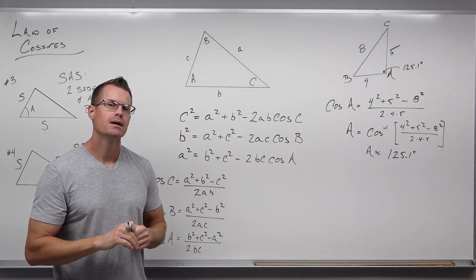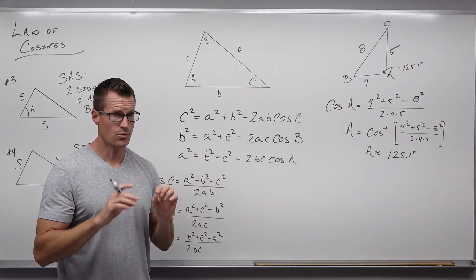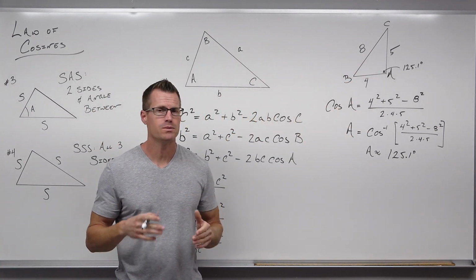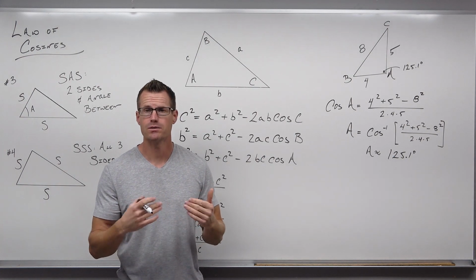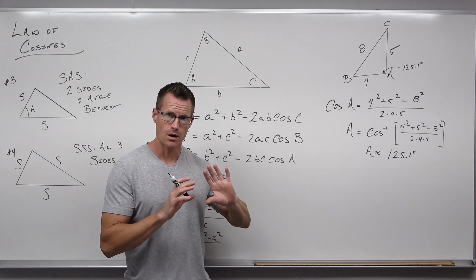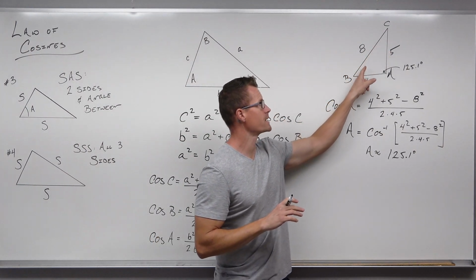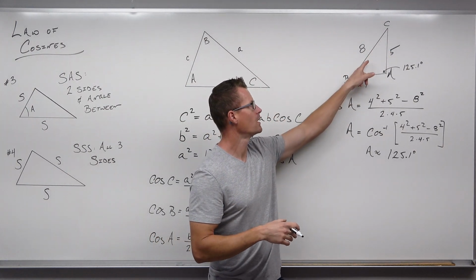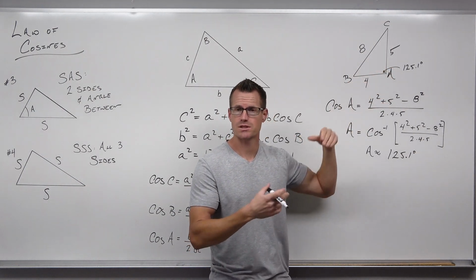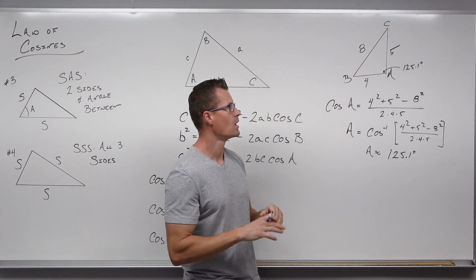What are the rest of them? Can you use interior angle sum right now to figure out these 2 angles? No, you can't. You need to know at least one other angle, and then you can do that. So what do you do? You either do law of cosines to find one of these angles, doesn't matter which, then use law of cosines again, or interior angle sum to subtract and figure out what the third one is.